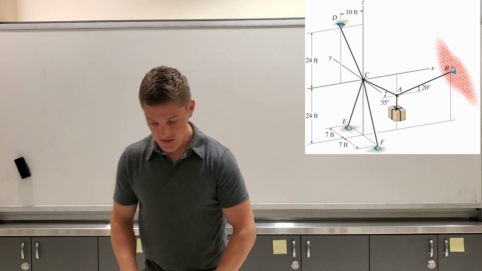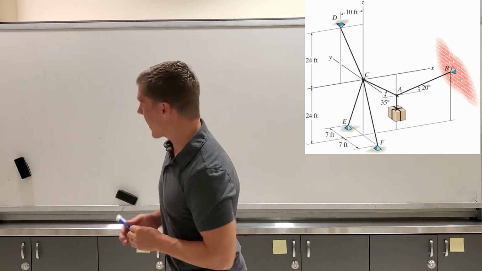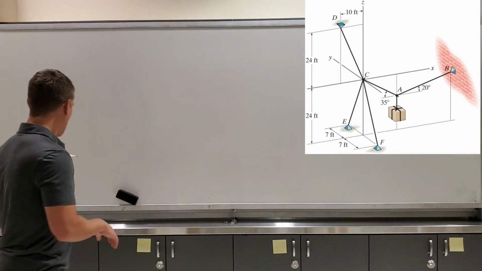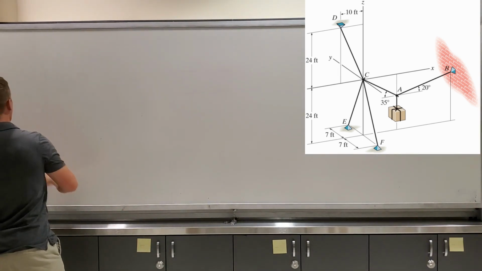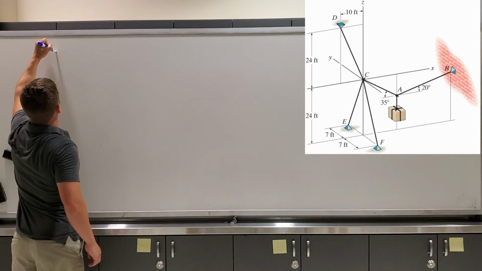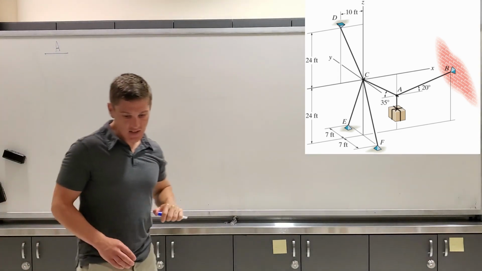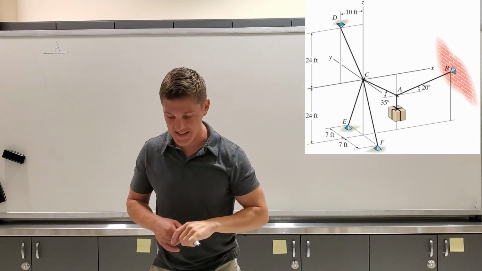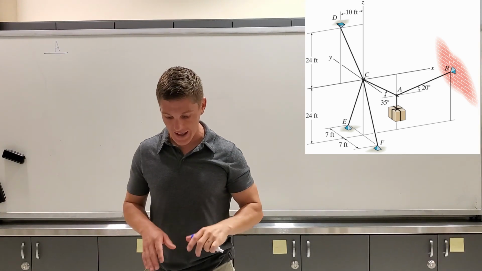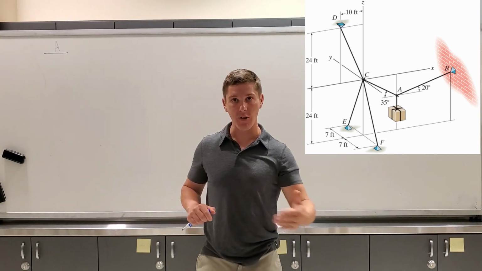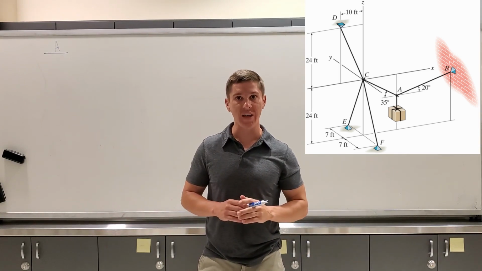Okay, so let's start by looking at knot A, point A, particle A, whatever you want to call it. Let's start looking at the forces that are acting at particle A. Specifically, I want to look at the xz plane, because if I look at particle A in the y direction, which is kind of in and out of the page, there are no forces acting.